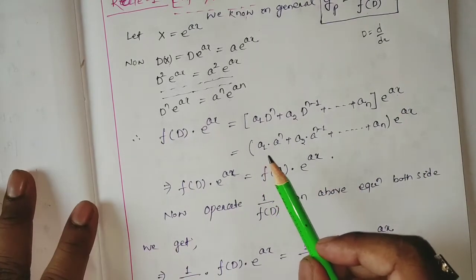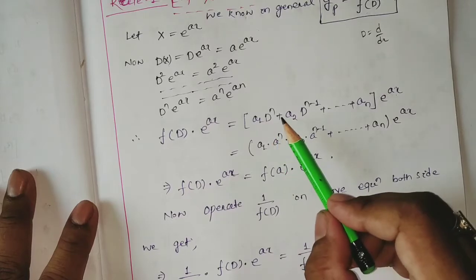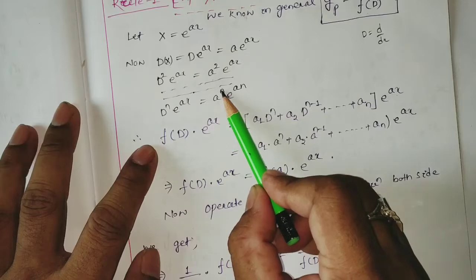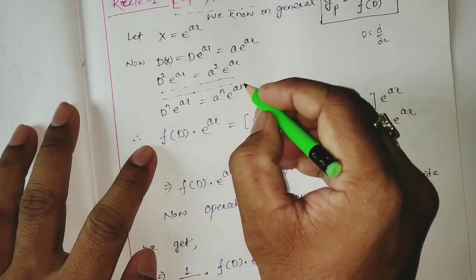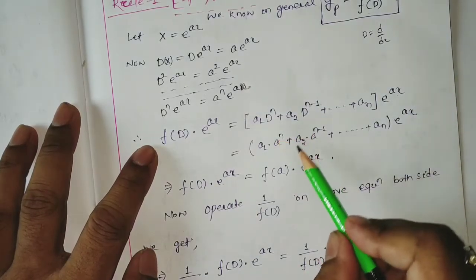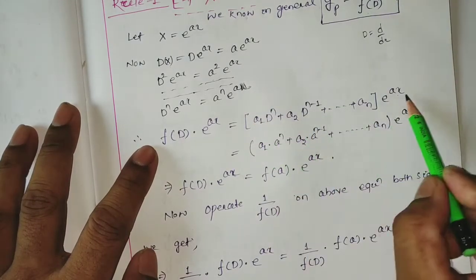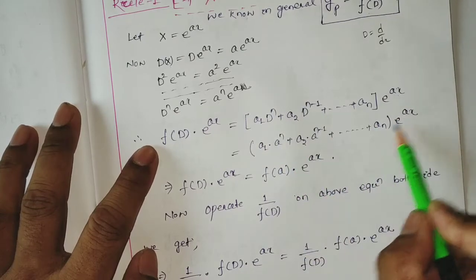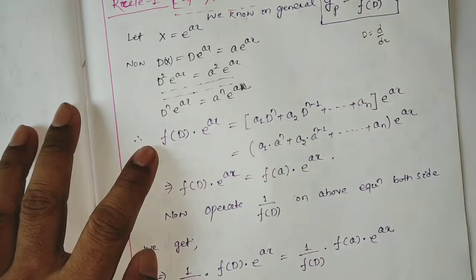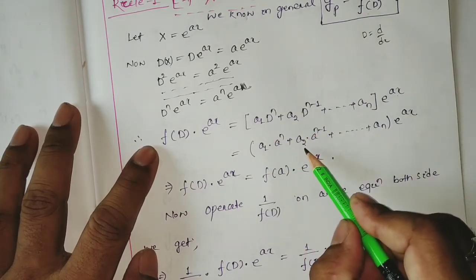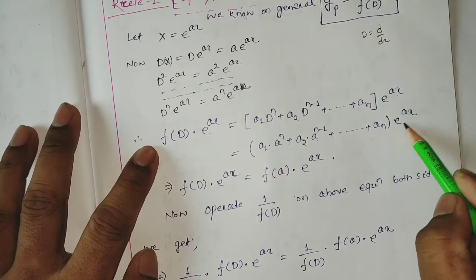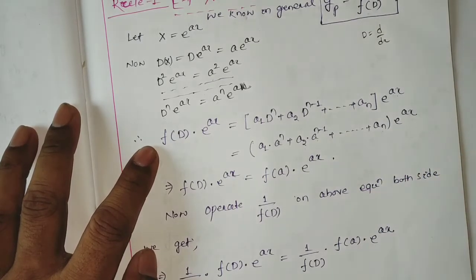So here we found D^n e to the power ax will be a^n e to the power ax. So this term, when operated upon e to the power ax, gives a1 a to the power n, for this one a2 into a to the power n minus 1, and so on, an e to the power ax.